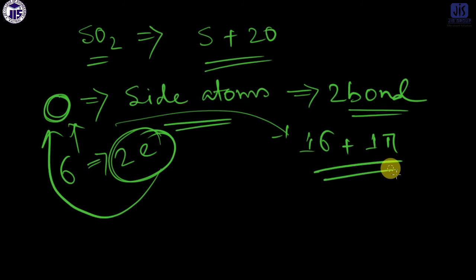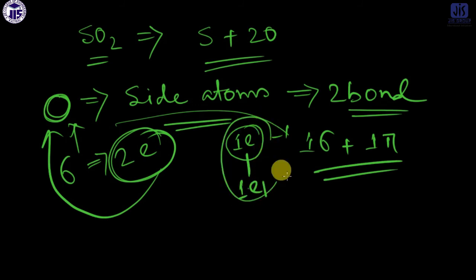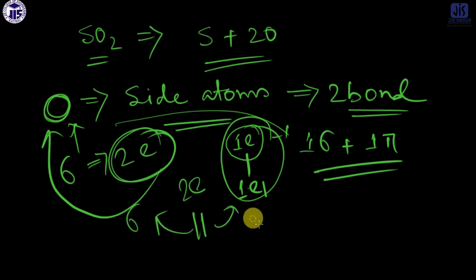Because if one electron is required, then after sharing one electron, one bond formation will occur. So if two electrons are required, there must be a double bond. A double bond means one sigma bond and the second one is the pi bond.